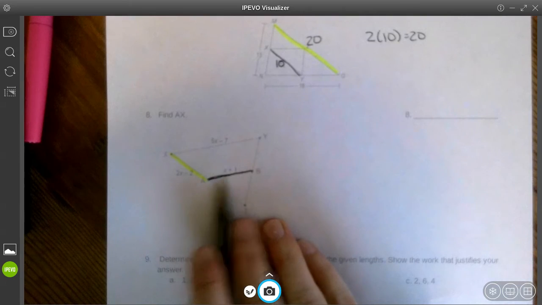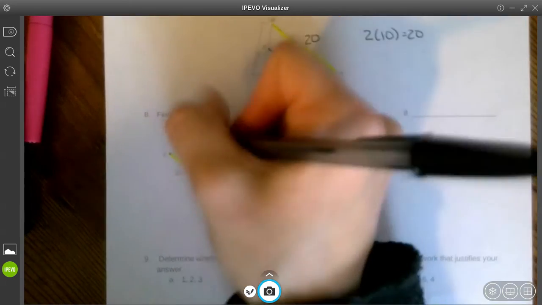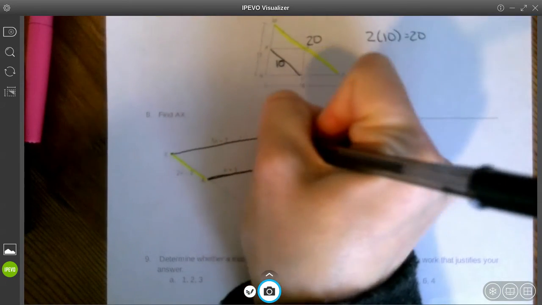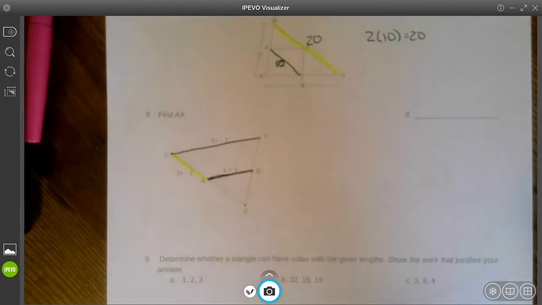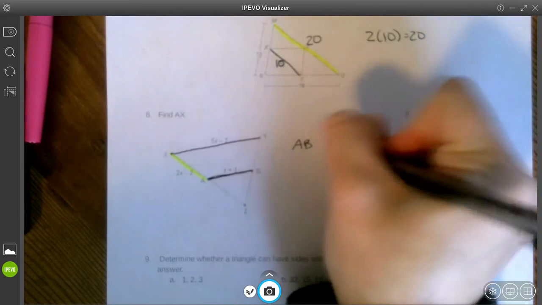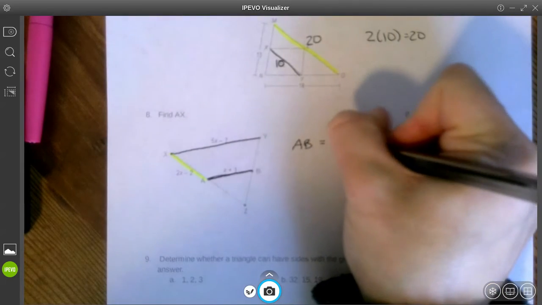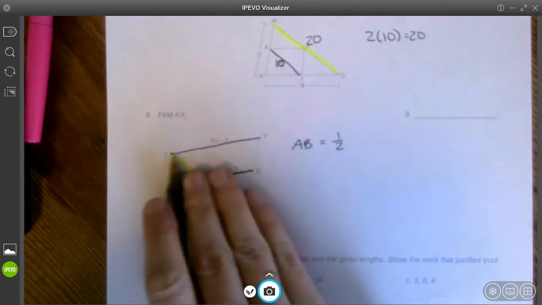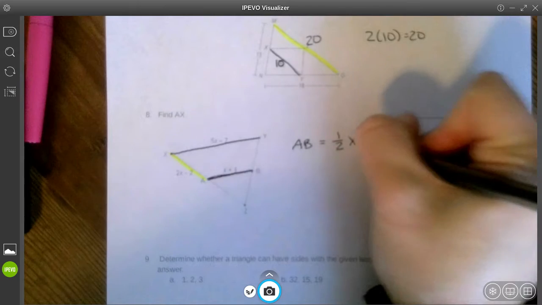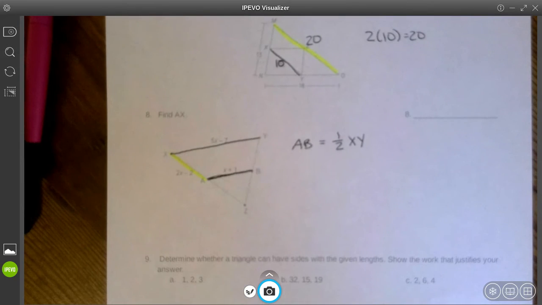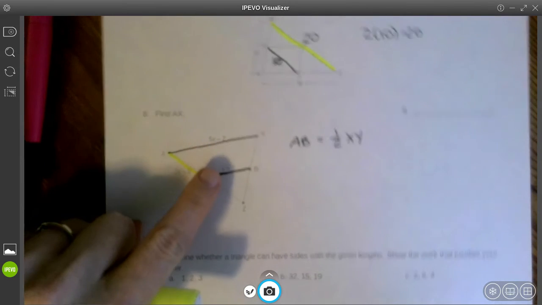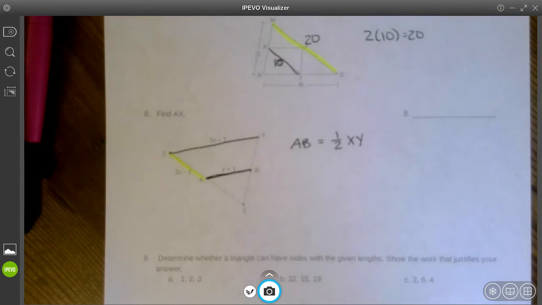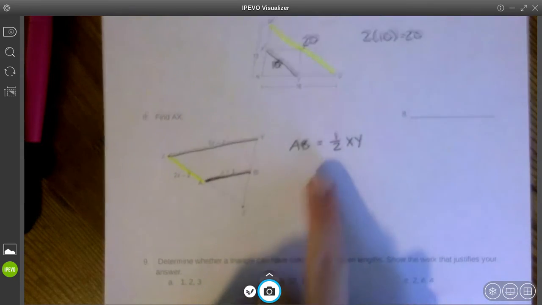This mid-segment AB, I know is half the length of this side. The length of AB is half the length of XY. And so I can go ahead and use these expressions to plug into my equation.